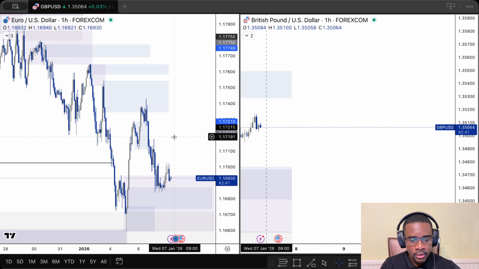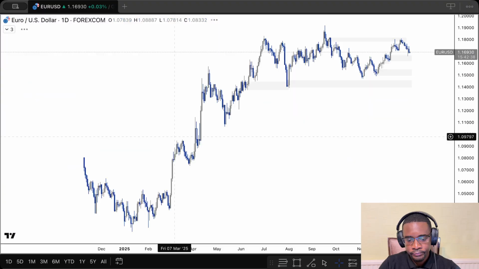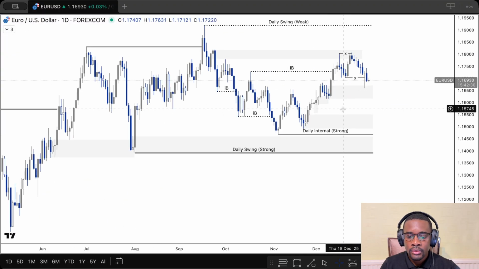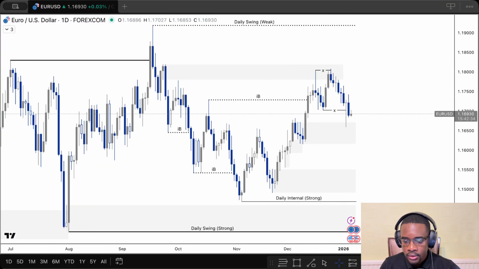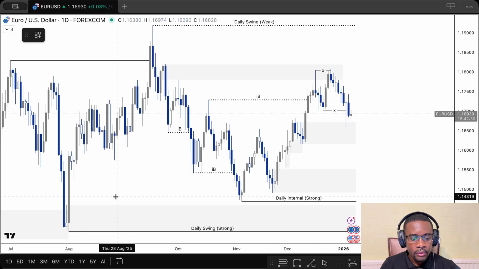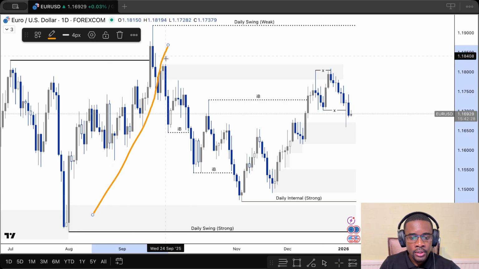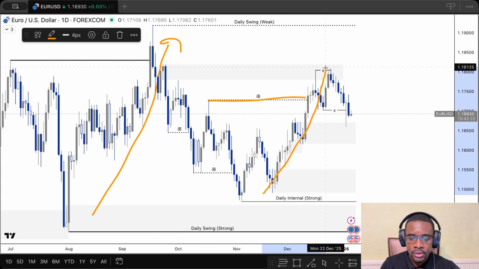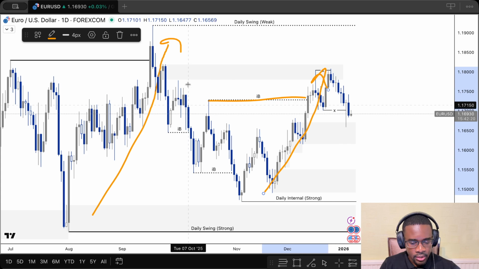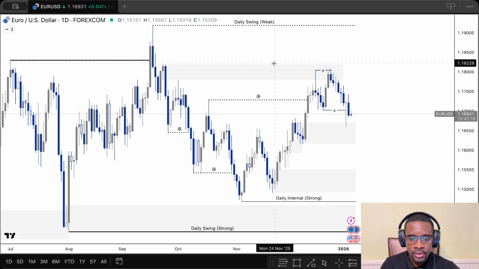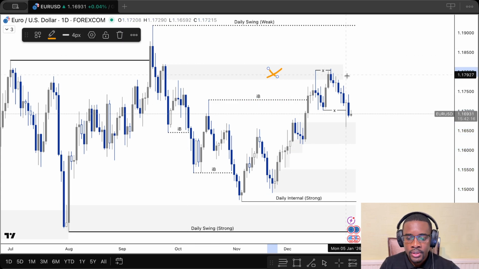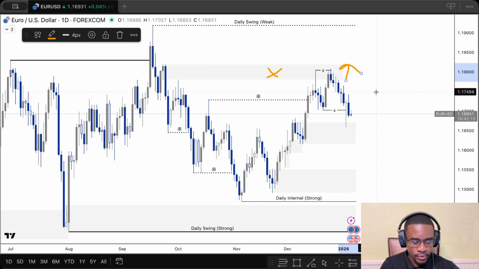So let's look at the Euro USD. On Euro USD, the swing structure is bullish. Internal has also shifted bullish. Now price has come into this supply, which I expect to be eliminated at some point.